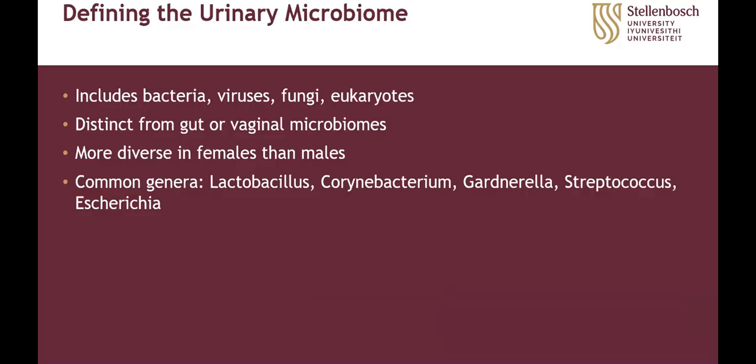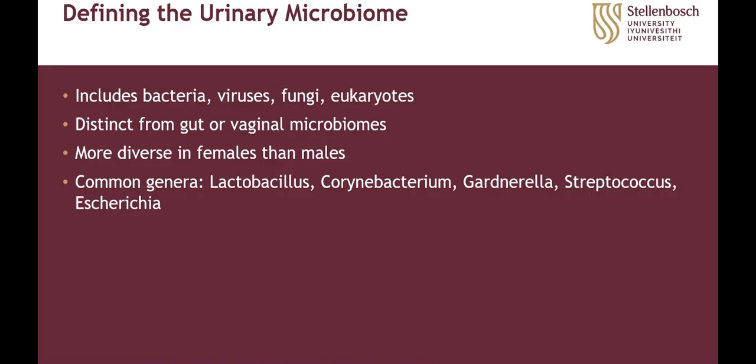So, defining the urinary microbiome. It's a living microbial community with its collective genetic and metabolic ecosystem within the urinary tract. It's not merely pathogens, but rather a complex host-microbiome interplay, and it's only detected with advanced culture techniques. It includes bacteria, viruses, fungi, and also eukaryotes.